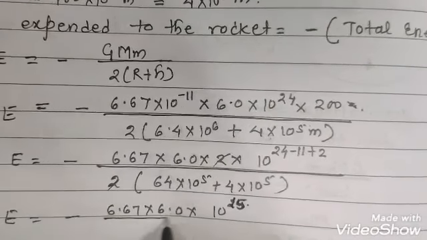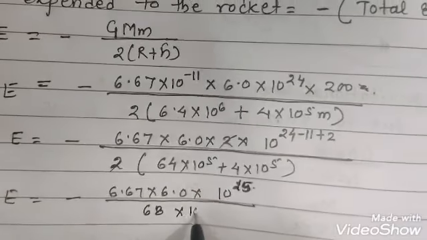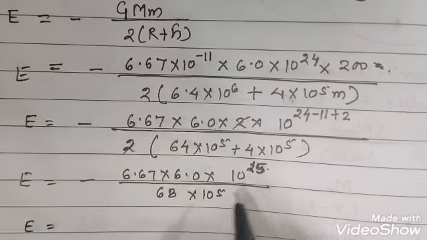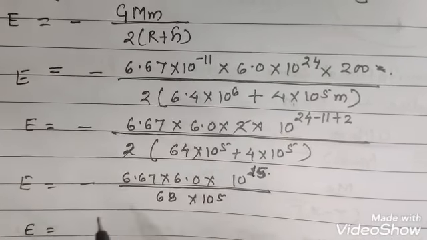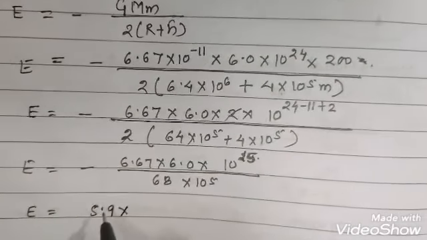And here it is 64 plus 4, which is 68, into 10 to the power 5. When we simplify it, it will come approximately 5.9.